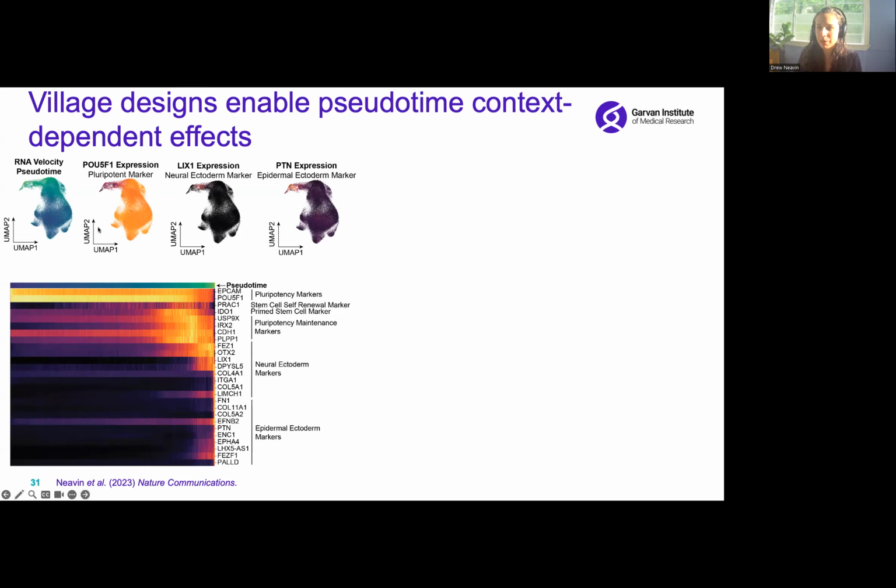So in the main body of the elephant, you could see highest expression of POU5F1, a pluripotency marker, and lower expression in the trunk to the upper left. But in that trunk to the upper left, we do see ectodermal and other markers. And this is a small proportion of the cells, but it seems that the pseudotime is really reflecting pluripotency state, with the lower pseudotime values corresponding to more pluripotent cells and the higher pseudotime values corresponding to less pluripotent cells.